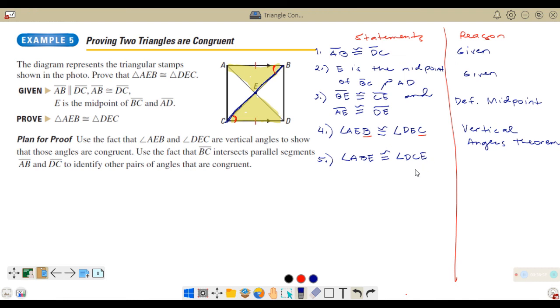So what theorem or definition did we use here? We made use of the alternate interior angles. I am not sure if this is a theorem or definition. It seems like a theorem. That's my weakness. I don't remember everything, I always need a cheat sheet.